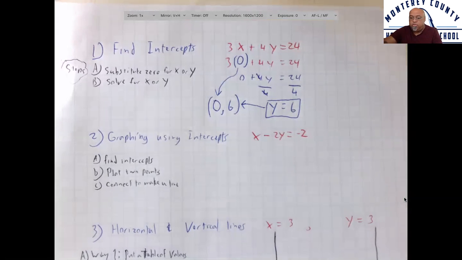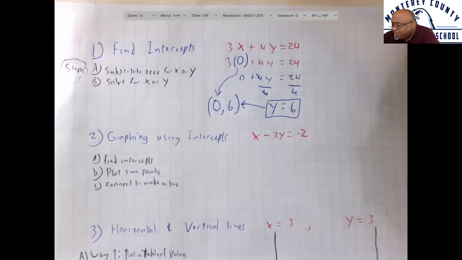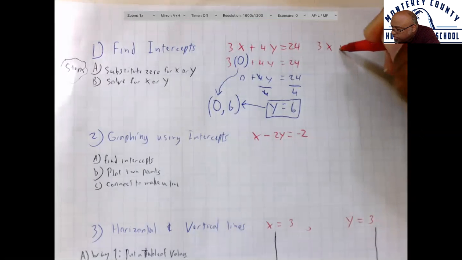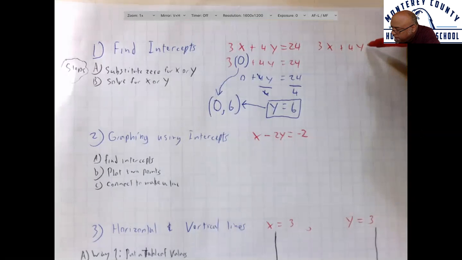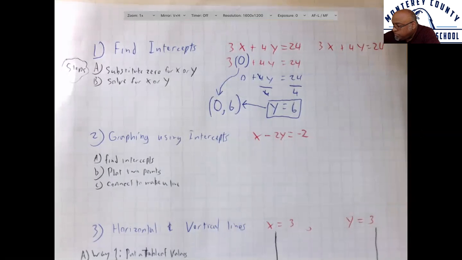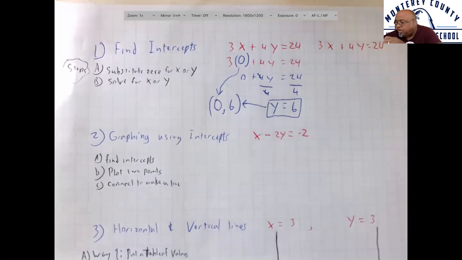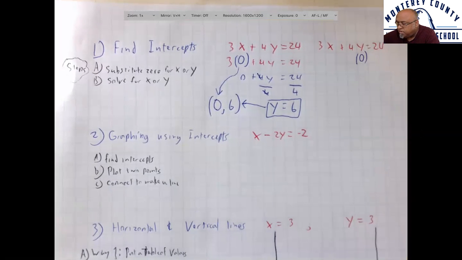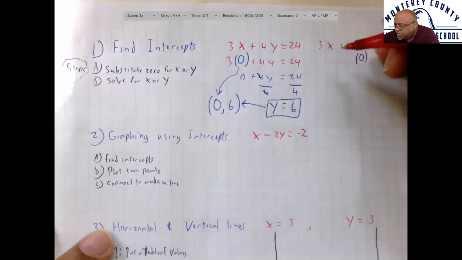Now, what I'm going to do here, let me just move myself down here. I'm going to go ahead and rewrite the same equation, but I'm going to substitute in 0 for y, so I can find the x-intercept.